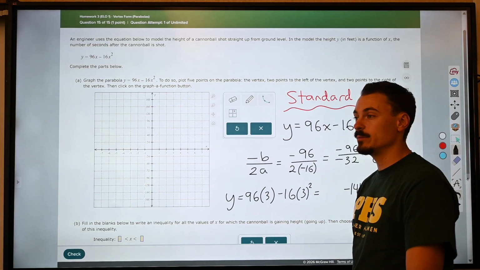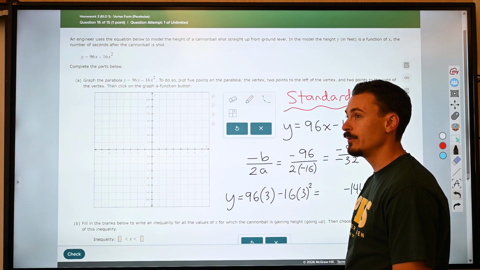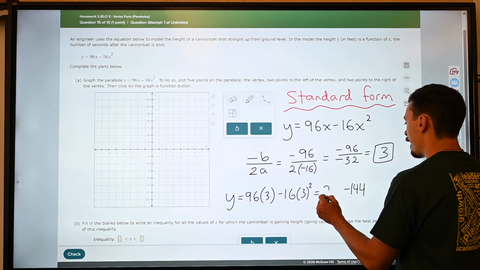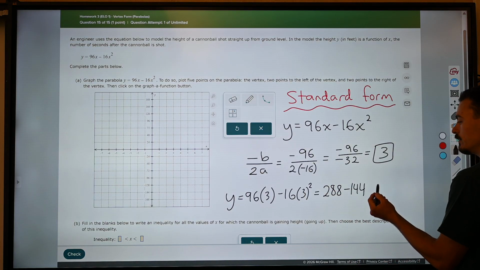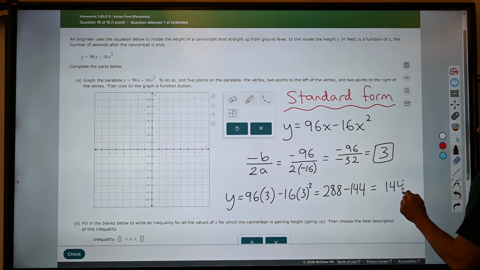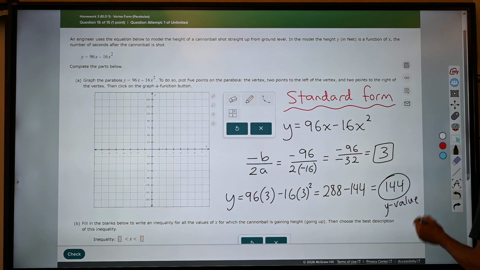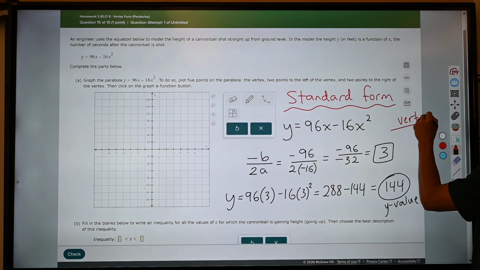Okay, we know 100 times 3 is 300. Subtract 12 from that: 288. Remember, these are always double, so that works. And so this will be 144 for the y value. So our vertex will be 3, 144.